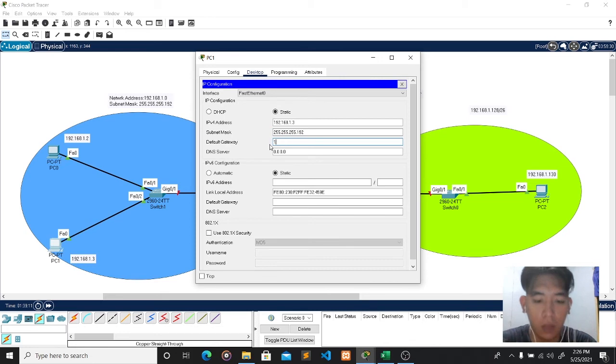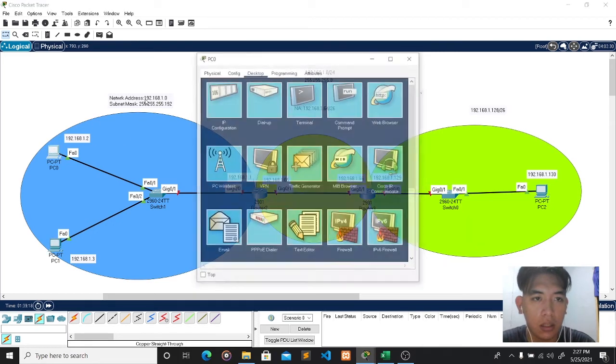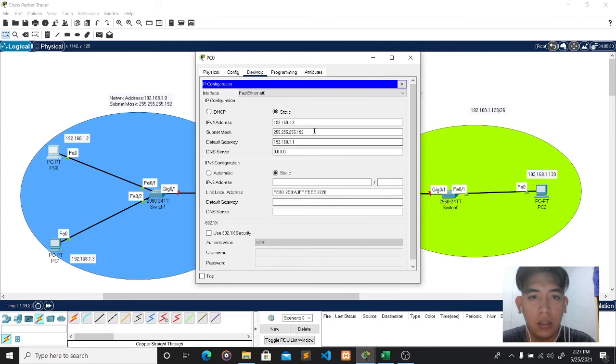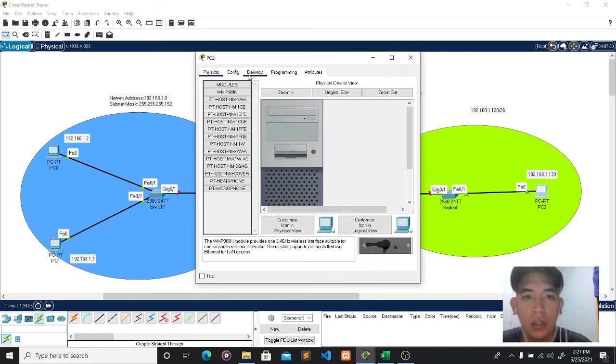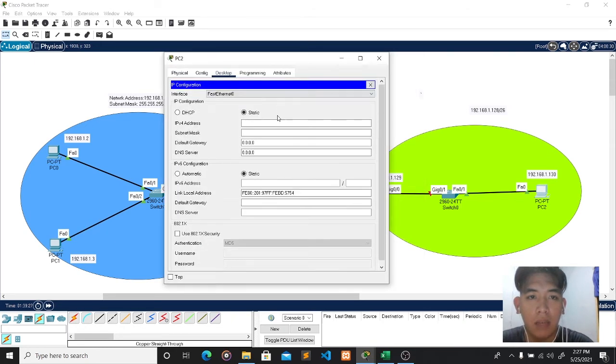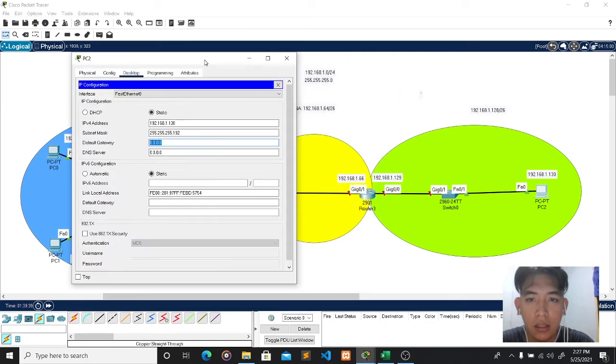Then yung default gateway 192.168.1.1. So double check. Next dito sa PC2, IP address is 192.168.1.130, then yung subnet mask is 255.255.255.192, and the default gateway is 192.168.1.129.